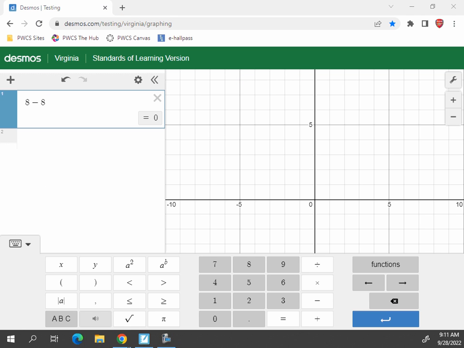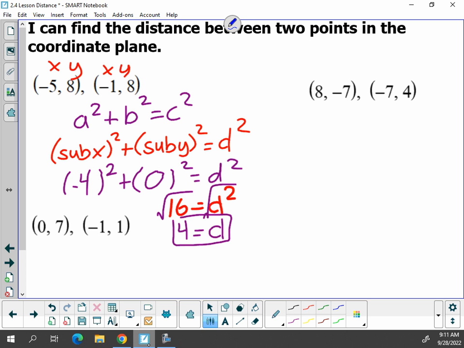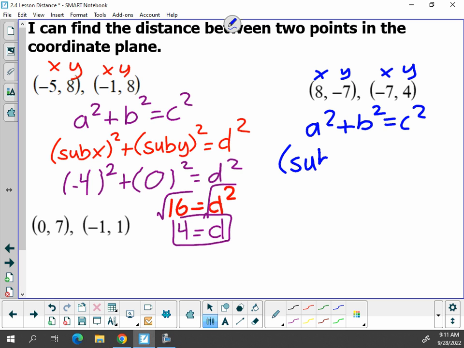So let me go ahead and do one more. Remember, I have an x and a y, an x and a y. I'm going to write the formula every time. We've modified this formula to remind ourselves, hey, we get the a and b by subtracting x's and by subtracting y's.